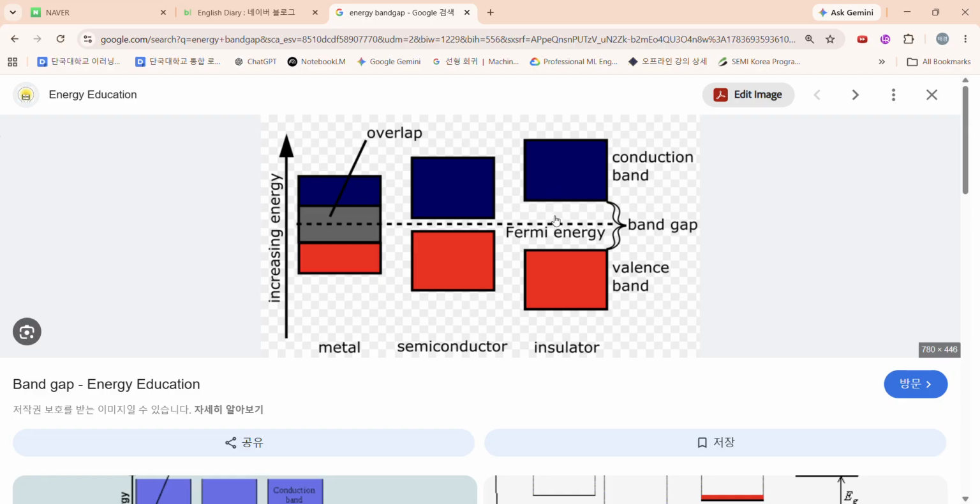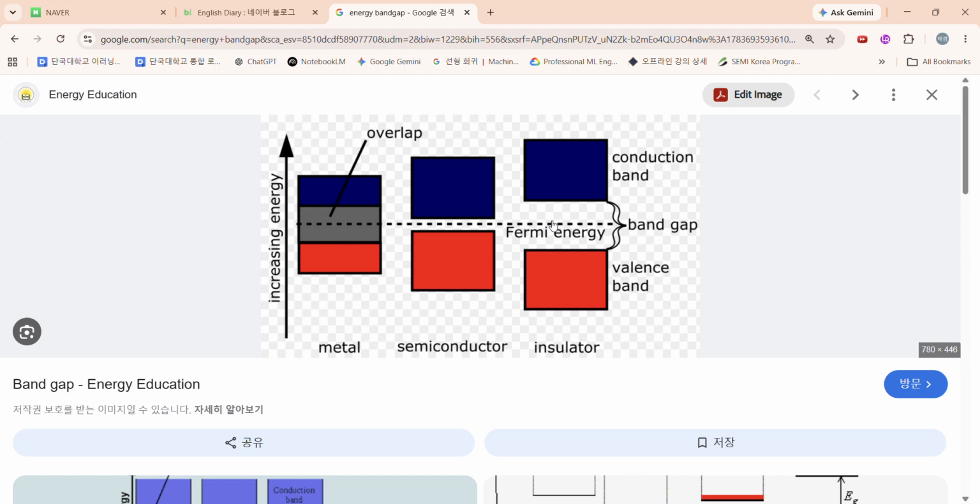So if the band gap is big, then it behaves as an insulator.